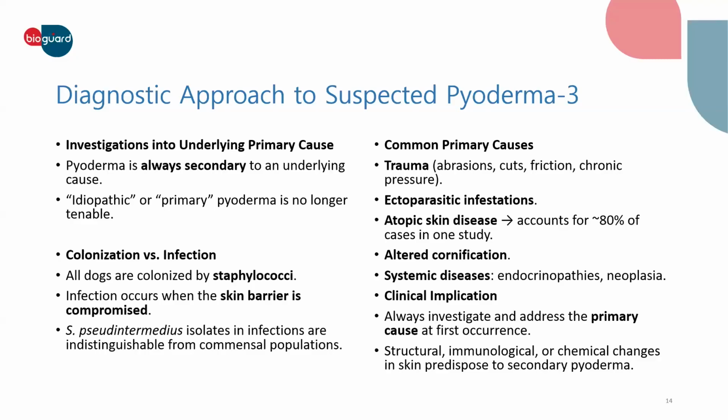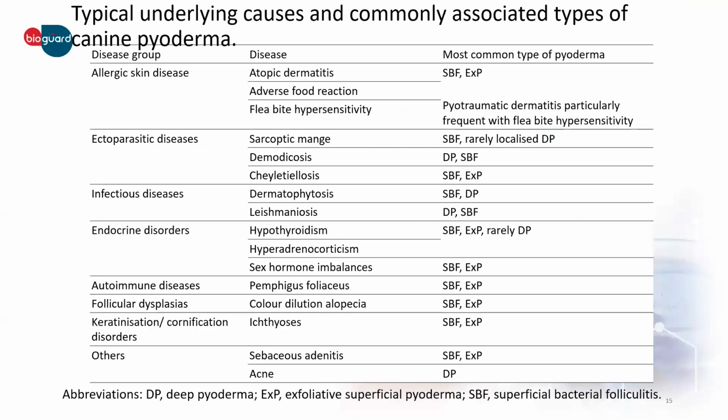Structural, immunological, or chemical changes in skin may also respond to secondary pyoderma. This table shows typical underlying causes and commonly associated types of canine pyoderma, and it's also for your reference. You can see allergic issues, parasite issues, other infectious diseases, endocrine, and autoimmune issues.